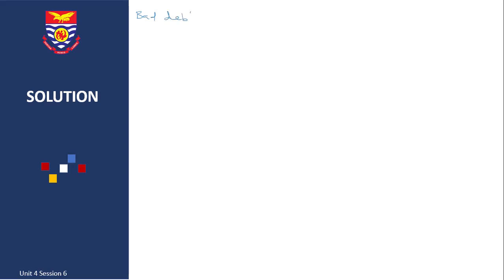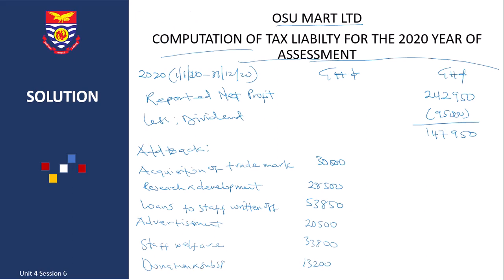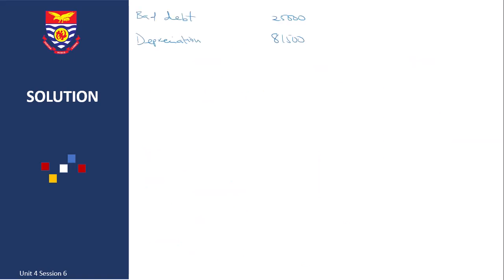Then bad debt. We have specific and general provision. We are going to disallow the one in respect of general provision. So we have 25,000. Then we have depreciation. Automatically, we disallow depreciation, 81,500. So now let us add these things together. 30,000 plus 28,500 plus 53,850, 2,500, 3,800, 13,200, 25,000, 81,500.